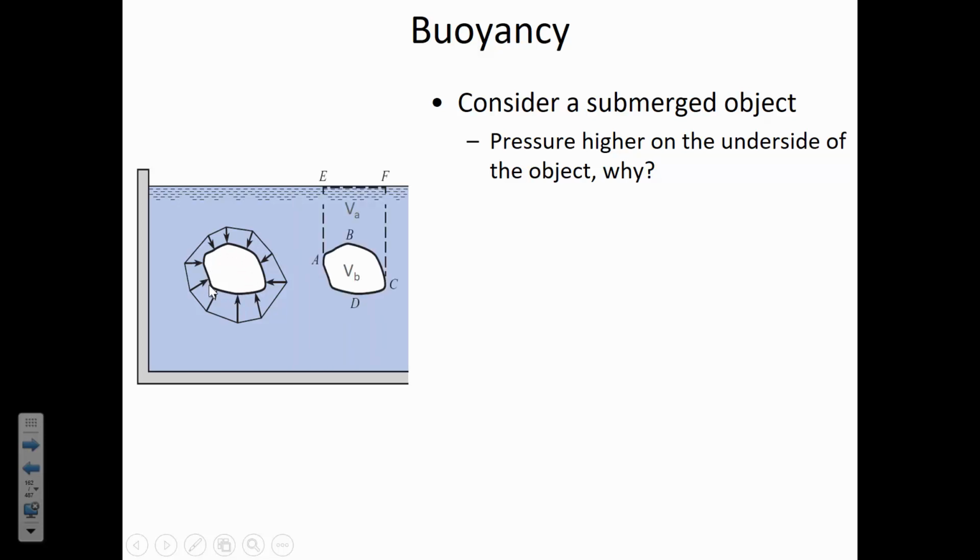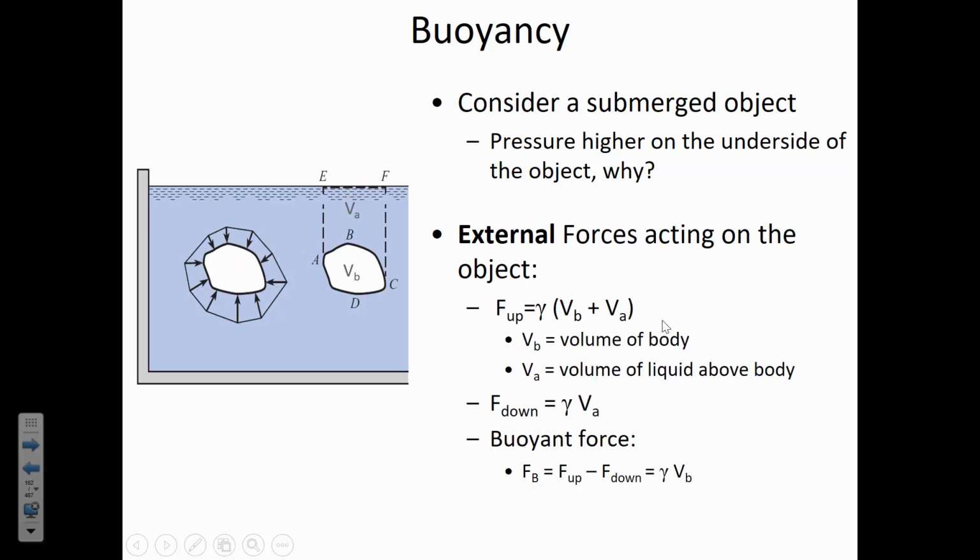So the way that we think about the external forces acting on the object in the vertical plane is the differences between the pressures that are pushing it up. The forces pushing it up relate to the volume of the body itself and the volume of the water that's above it.